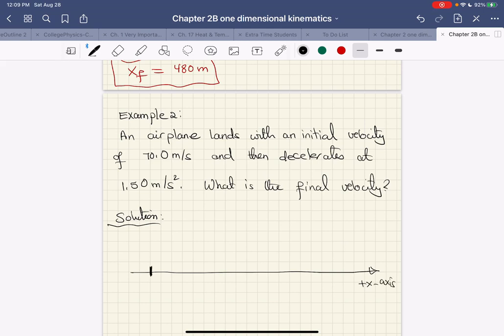This is my origin. Always, okay, I can take my xi to be 0 at t equals 0, which means I'm going to take the origin here. And this is an airplane. Okay, and it was initially moving with VI equals 70 meters per second.